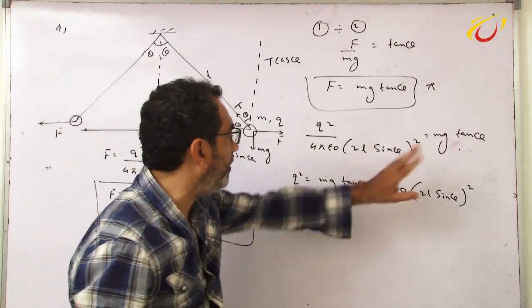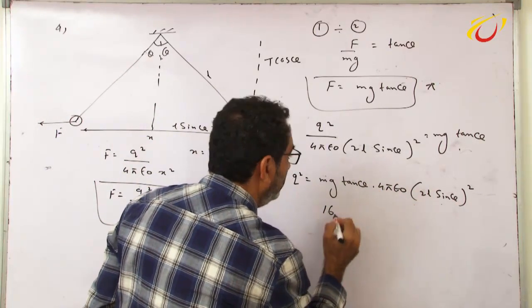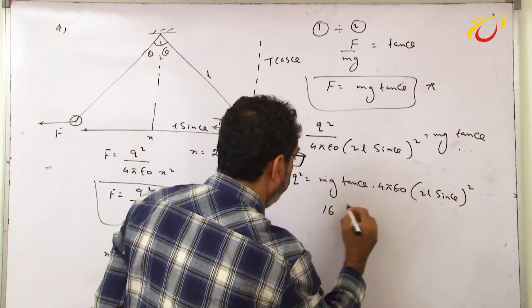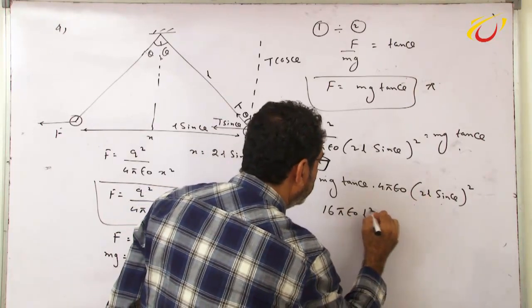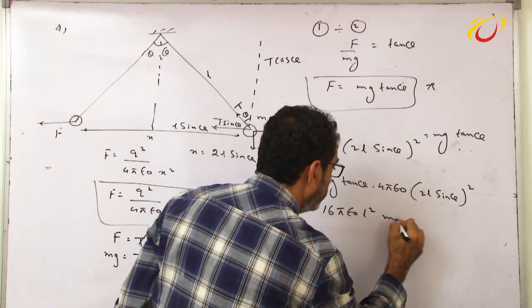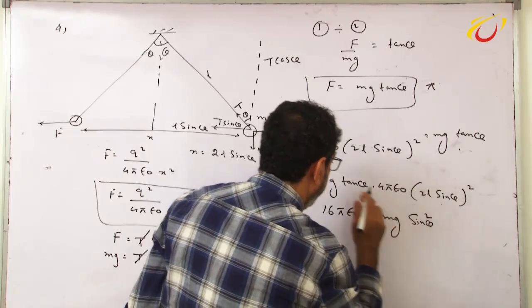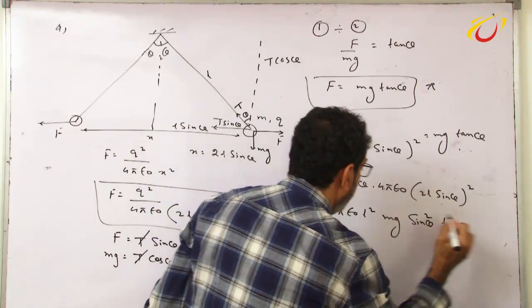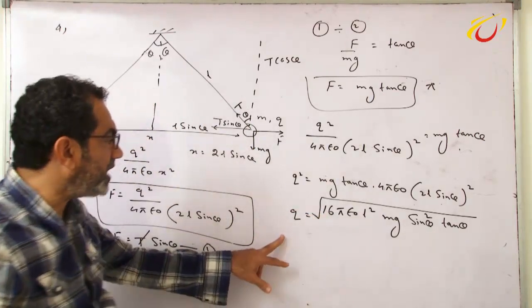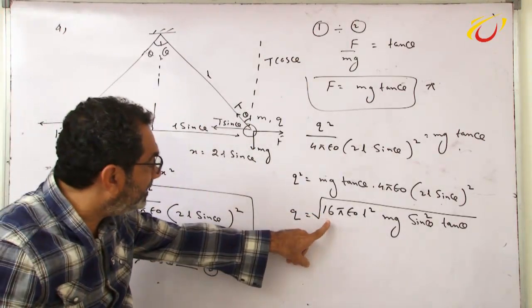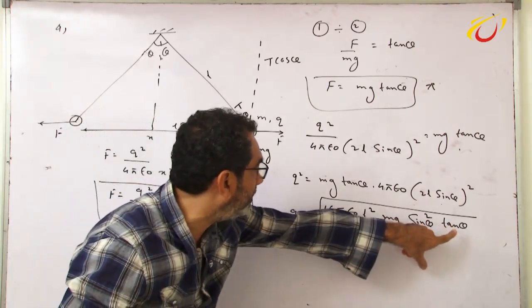Just multiply it: 4 into 4, 16. Correct? Pi epsilon L square mg sine square theta into tan theta. Take it under root, it is equal to q. So charge on the sphere will be the square root of 16 pi epsilon mg L square sine square theta tan theta.